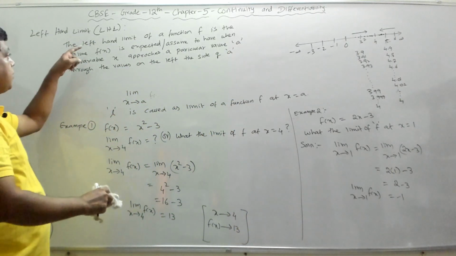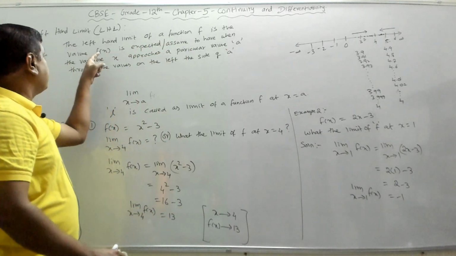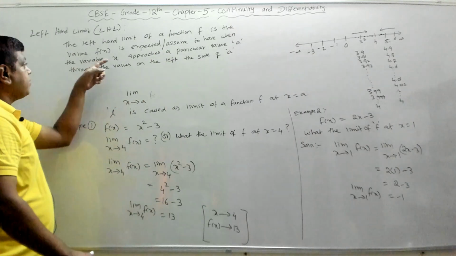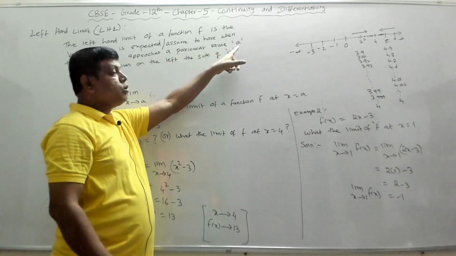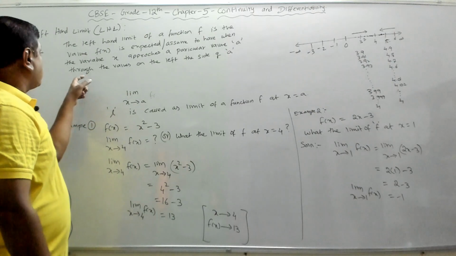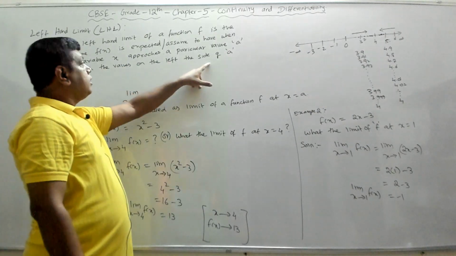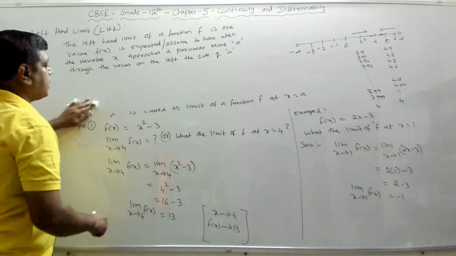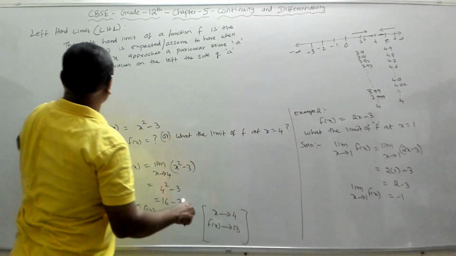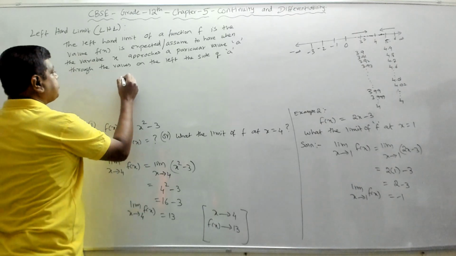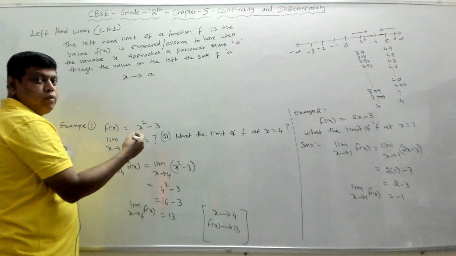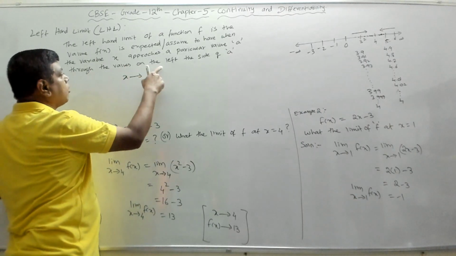So what is the left hand limit? The left hand limit of a function f is the value f of x is expected or assumed to have when the variable x approaches a particular value a through the values on the left side of it. So in simple terms, x is approaching a through values less than a, on the left side of it.